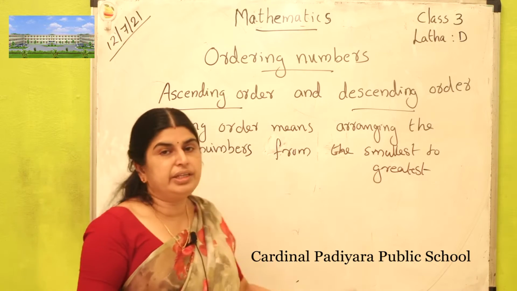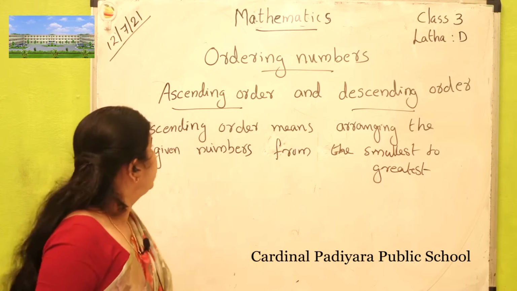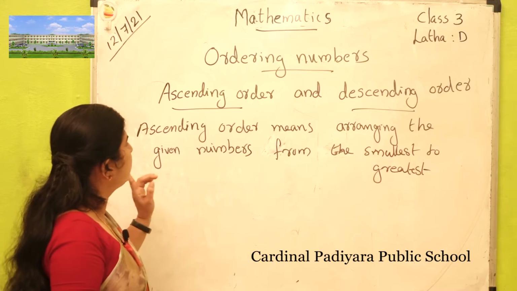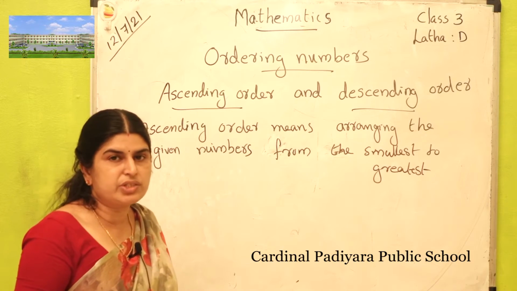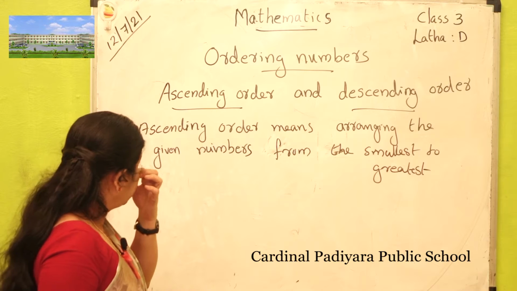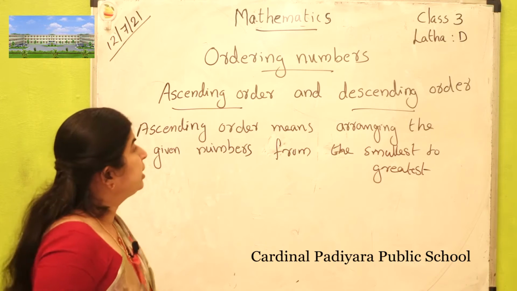That is arranging in increasing order. Then descending order means arranging in decreasing order.